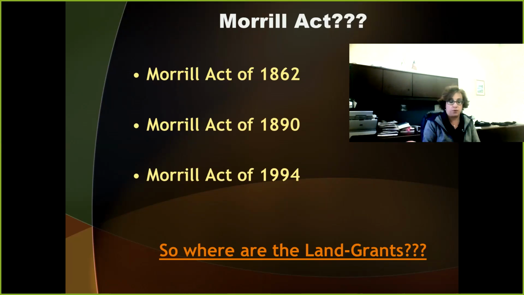They could then sell that acreage and build their university. Many of them chose to also build their university on part of that land. It was signed into law by President Lincoln on July 2nd of 1862.